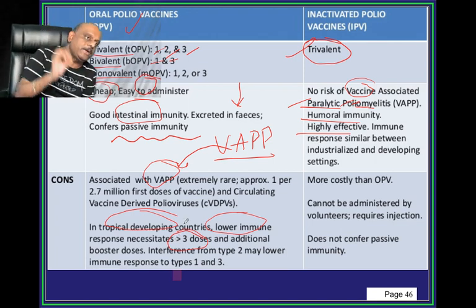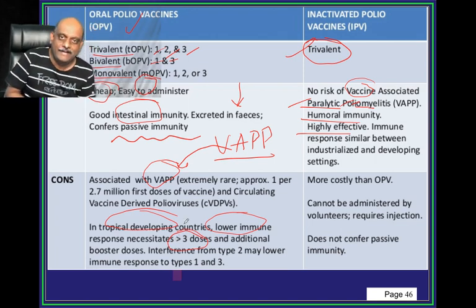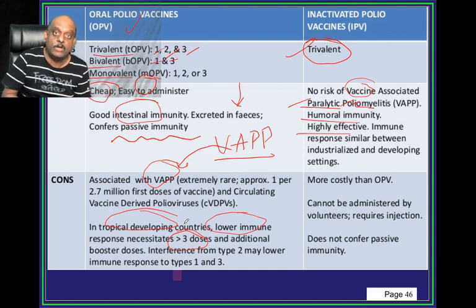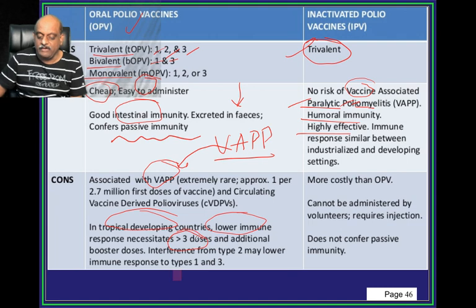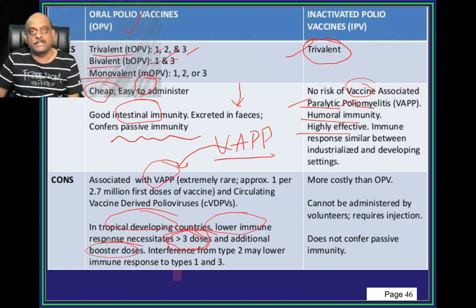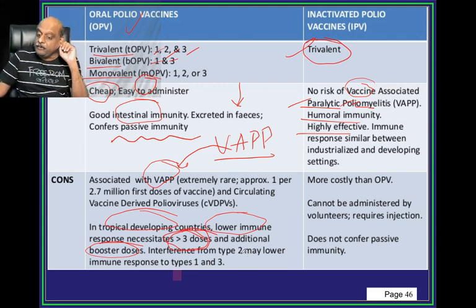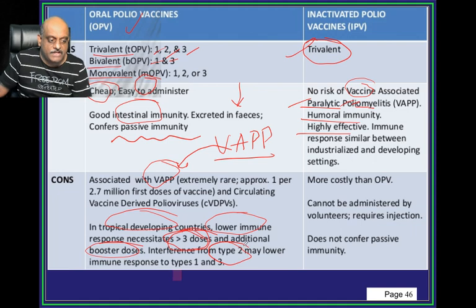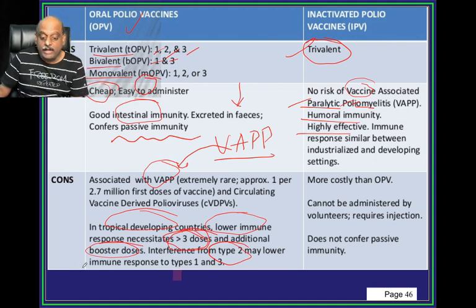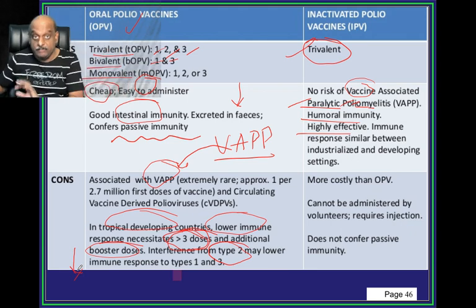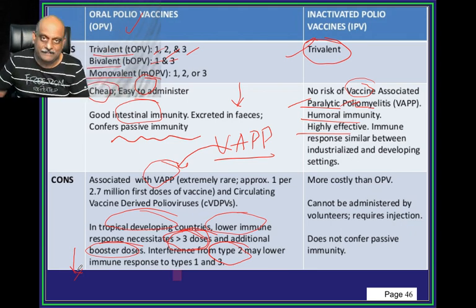Generally, for a live attenuated vaccine, only 1 dose is given, but the exception is oral polio vaccine, which is given in 3 doses. You need to give additional booster doses. And the type 2 vaccine strain will lower the immune response from type 1 and type 3. That is a point you need to remember.